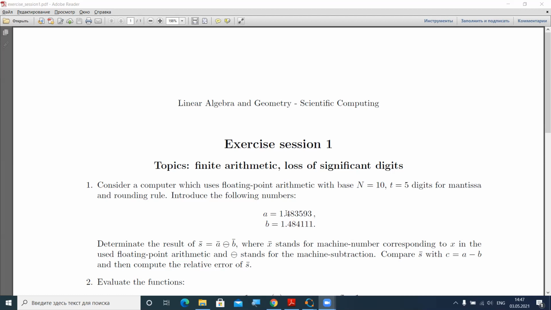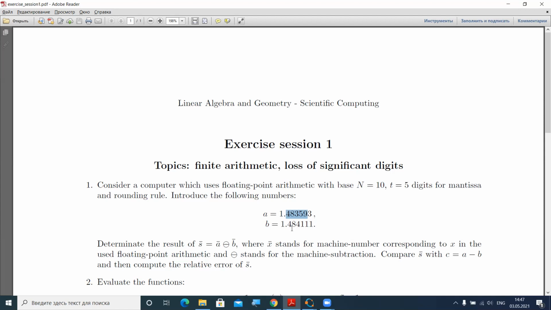So if we round, it will be this mantissa. When we round it, what will be here? 5 mantissa digits, so 4, 8, 3, and 6 it will be, because here the last digit is greater than 0.5. Is it clear?